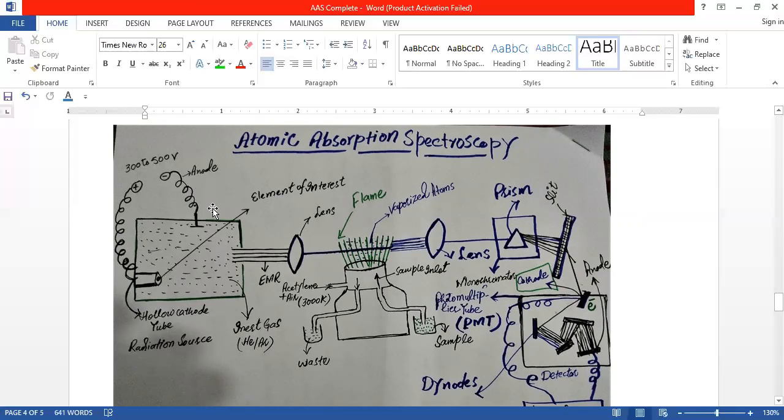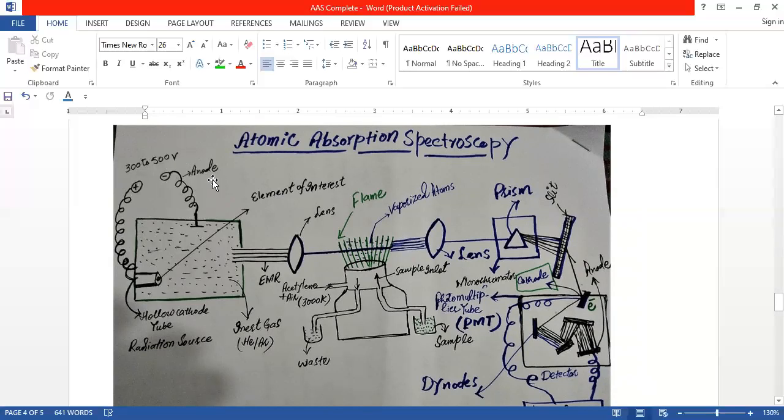Cathode is made up of hollow cathode tube, and anode is made up of tungsten filament. Between cathode and anode, we are applying 300 to 500 volts.